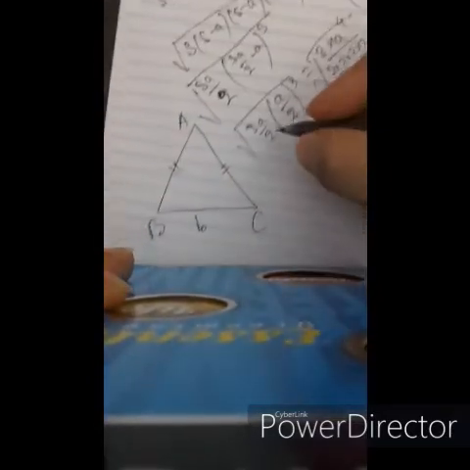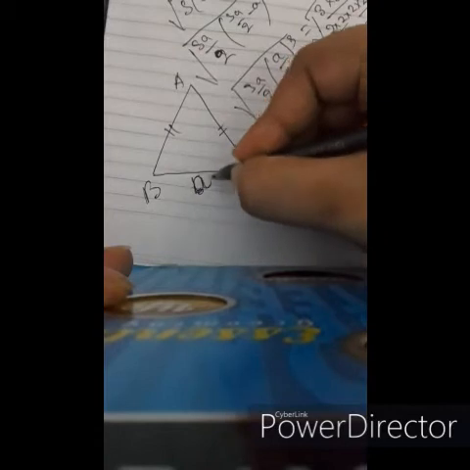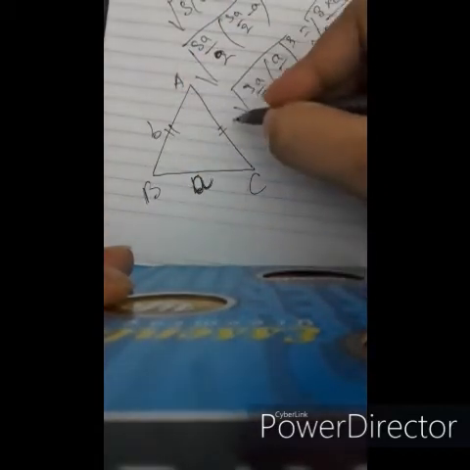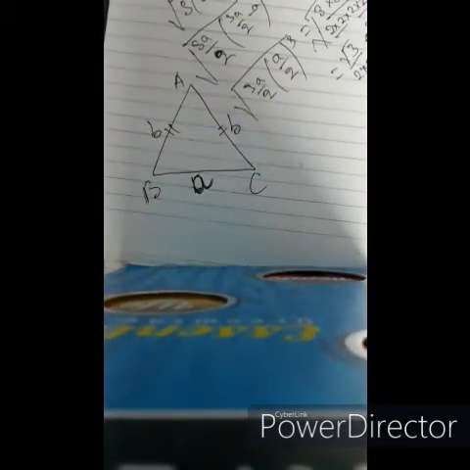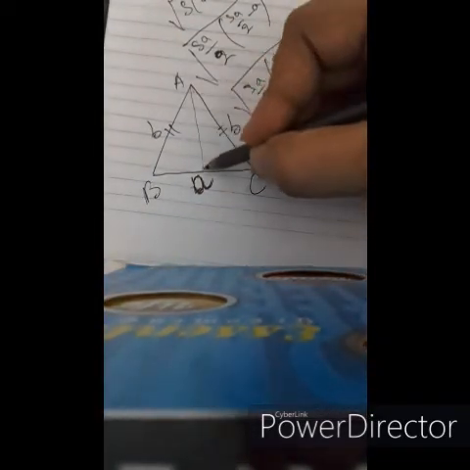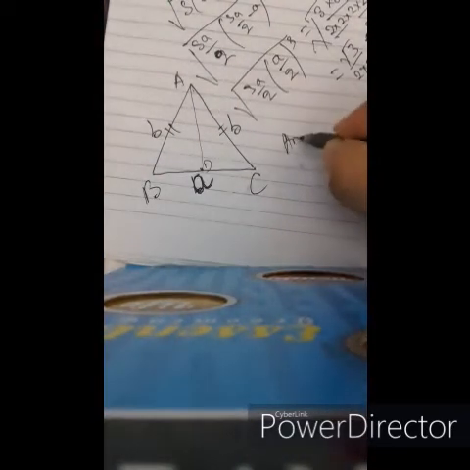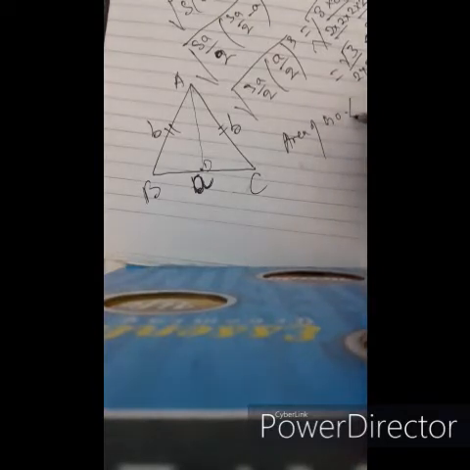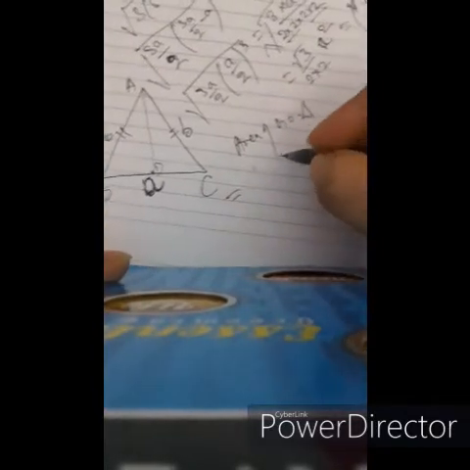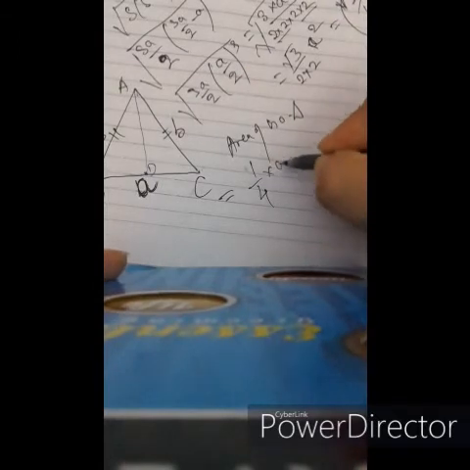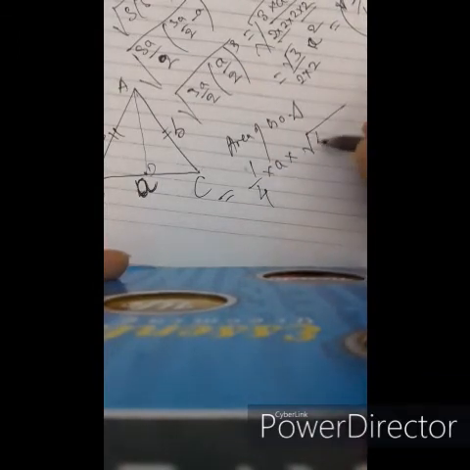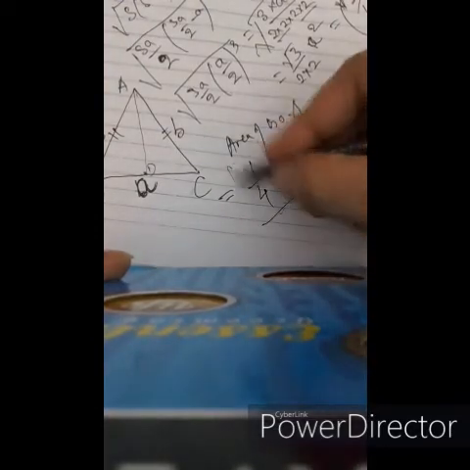Suppose I take the base as a, and the two equal sides as b, and this is the altitude AD. So the area of an isosceles triangle is given by 1 by 4 into base into root under 4b square minus a square. If you can remember this formula, it's well and good.